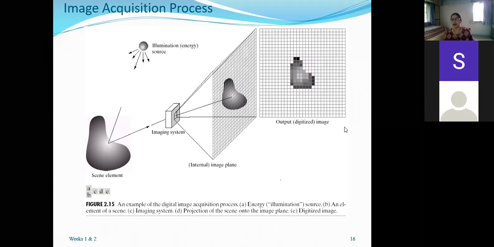Your x coordinate and y coordinate decide the actual location of every data point in the image, and every small discrete data point is known as a pixel. Is it clear, Sharan? These are the two dimensions, x coordinate and y coordinate, and that intensity value or pixel value is actually the third dimension.